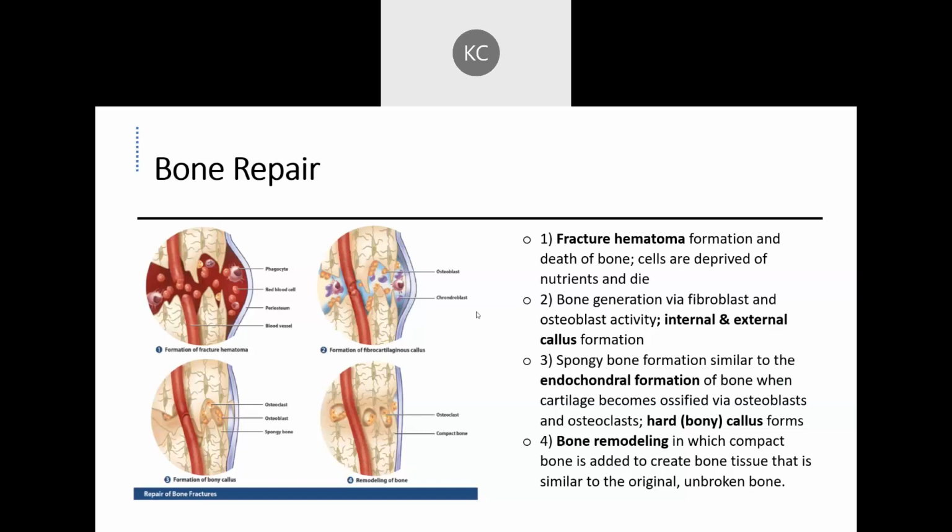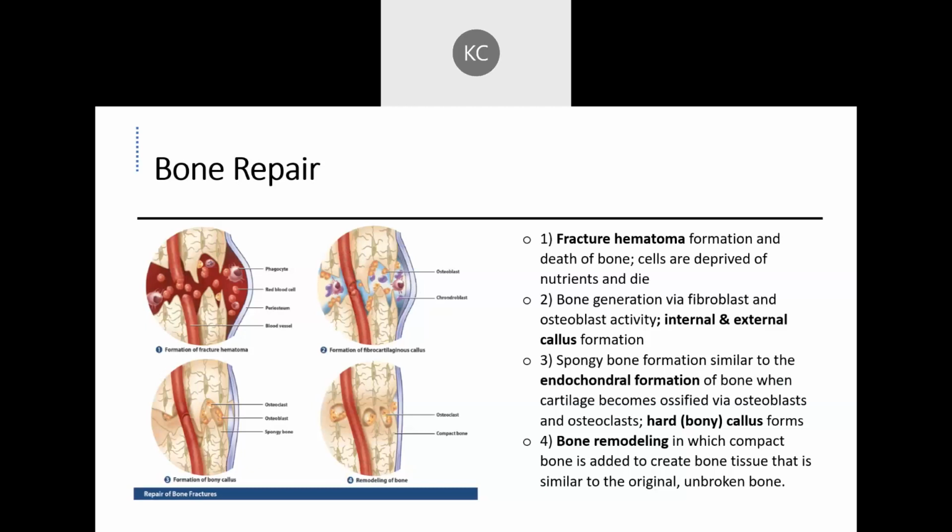Now, over a period of weeks during this healing process, you begin to replace this cartilage that we see here. This is the blue, so this chondroblast here is showing a cartilage cell that's laying down cartilage. Over the coming days and weeks after you break it and you begin to heal, you then develop what's called a bony callus or a hard callus, in which you replace the spongy bone and the cartilage with new compact bone, right?